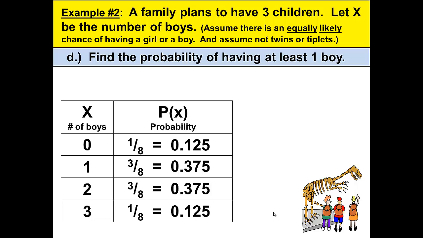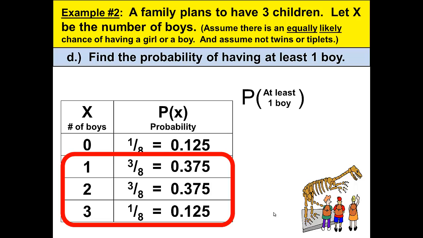This is because in a family that has 3 boys, you do have at least one boy. In a family that has 2 boys, you do have at least one boy. So to find the probability of having at least one boy, we need to look not at one row, but at the rows with 1 boy, 2 boys, and 3 boys.